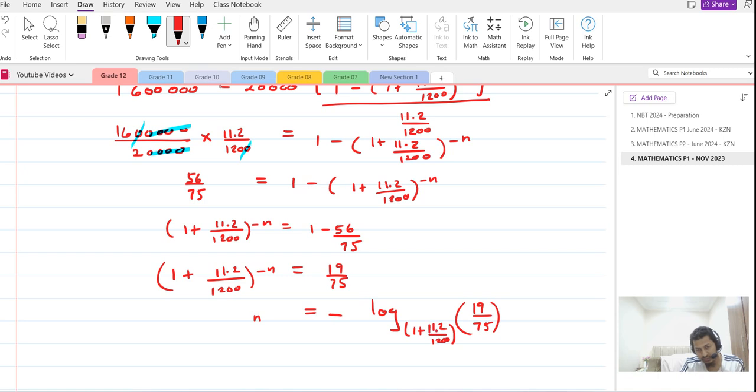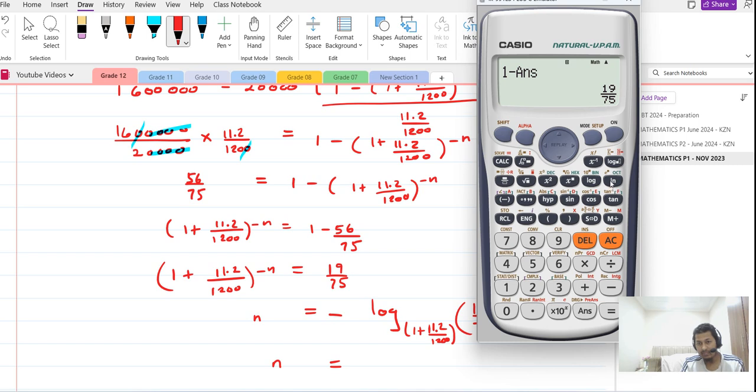So n is equal to this log here: 1 plus 11.2 over 1200, and on the other side was just the answer. So I'm getting 147.7978. So that's what I'm getting. Don't forget to put a negative in the front.